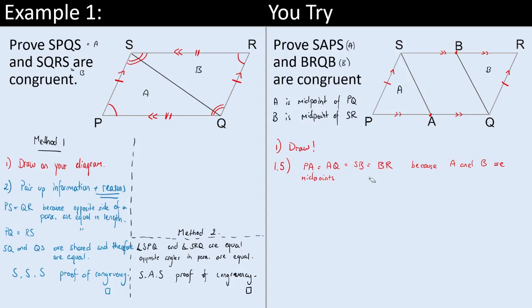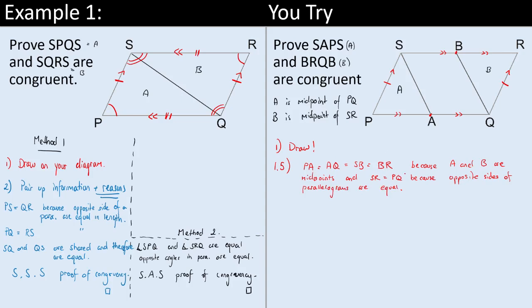And SR equals PQ because opposite sides of parallelograms are equal.